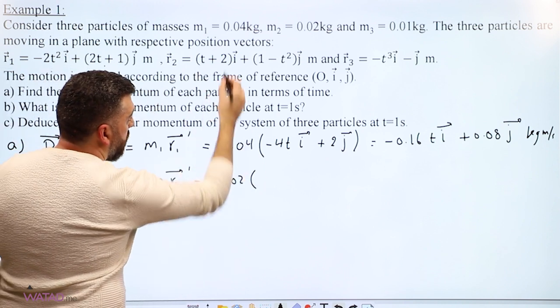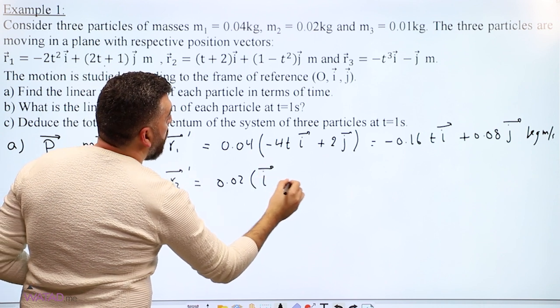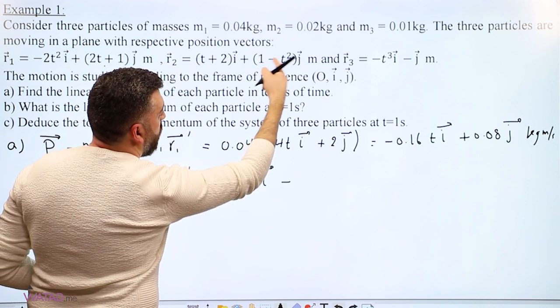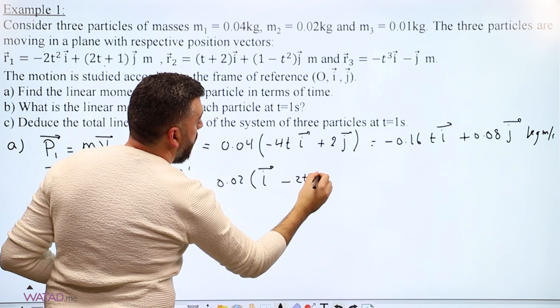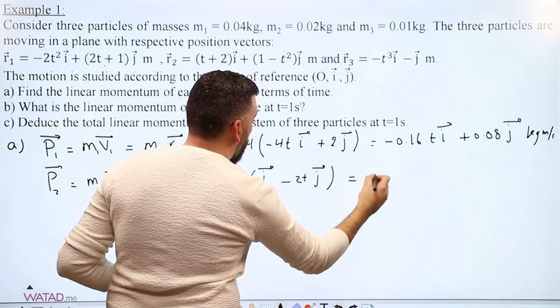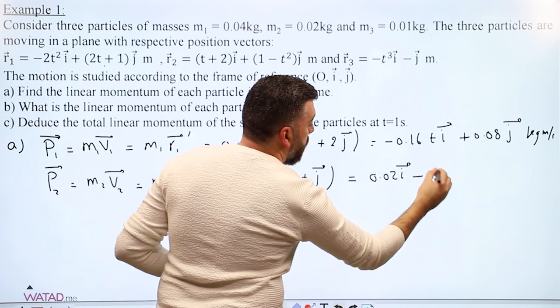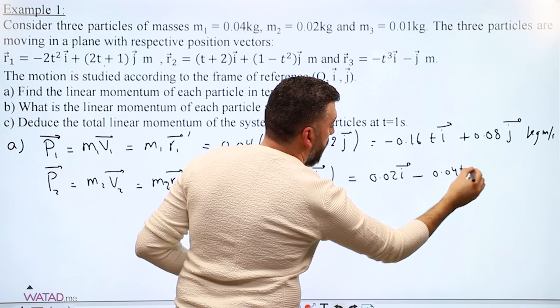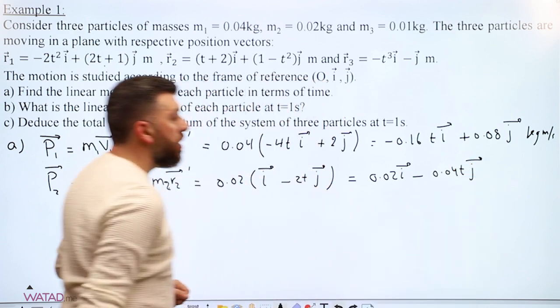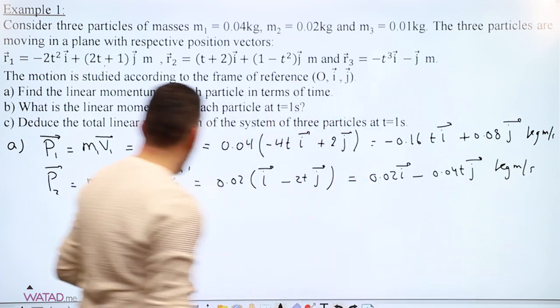For t it's 1, 2 is 0, so it's i, minus the derivative of 1 is 0, minus 2t j. Equal 0.02 i minus 0.04 t j. Kilogram meter per second.